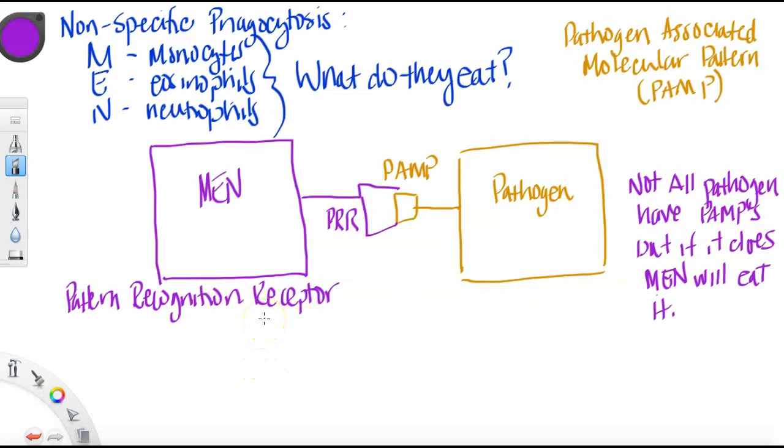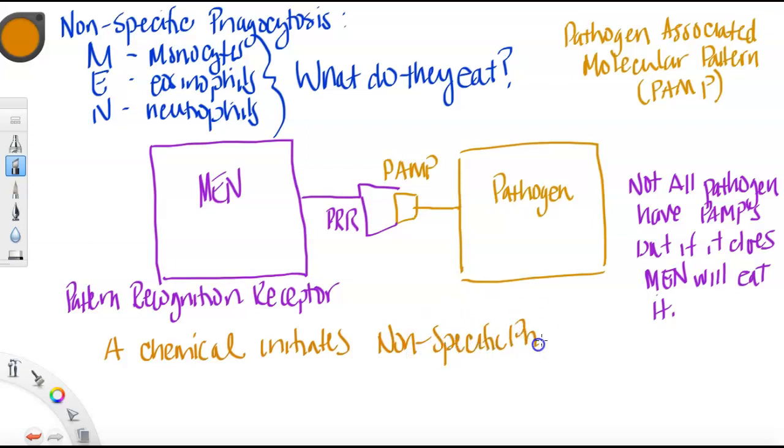And when another chemical initiates nonspecific phagocytosis, meaning helps the men do their job, that is called opsonization.